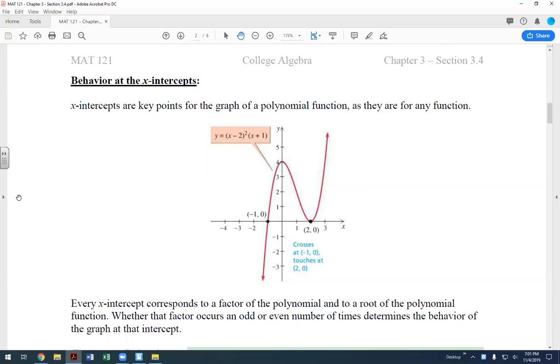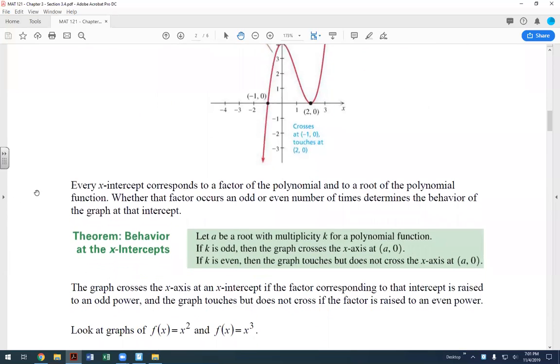Now my -1, 0 is coming from this factor here, x plus 1, which is raised to the first power. That's an odd number. So if your factor is raised to an odd power, it crosses. Okay, so that's basically what this little test tells us to do.